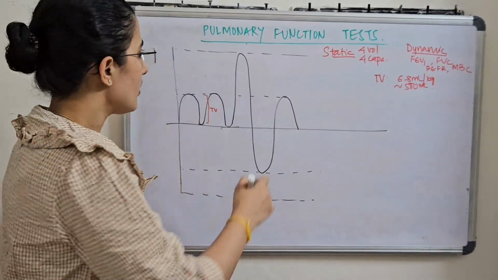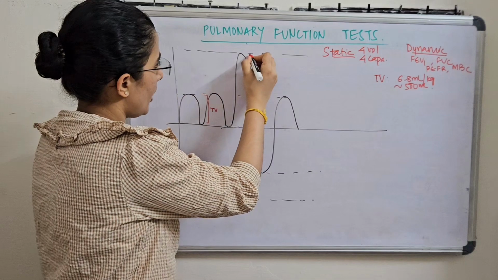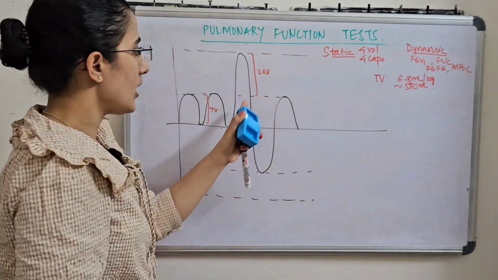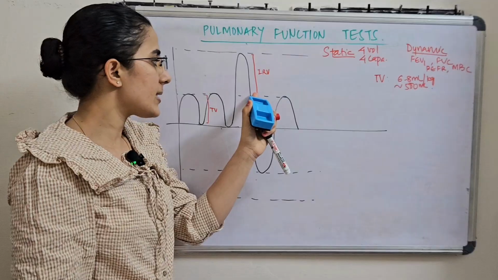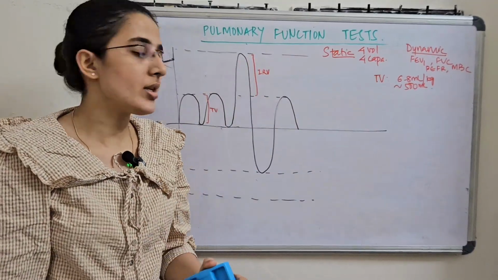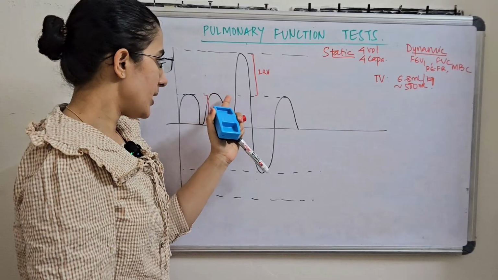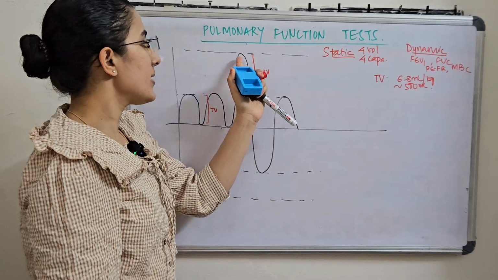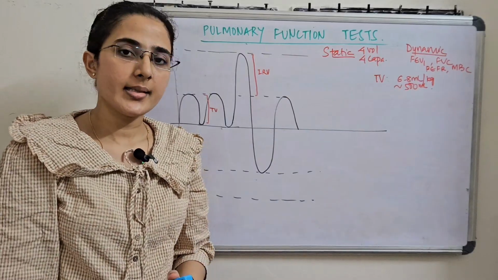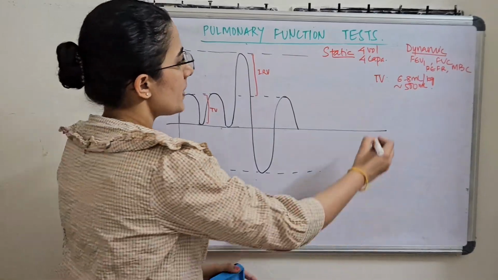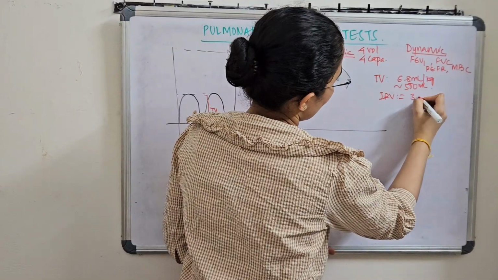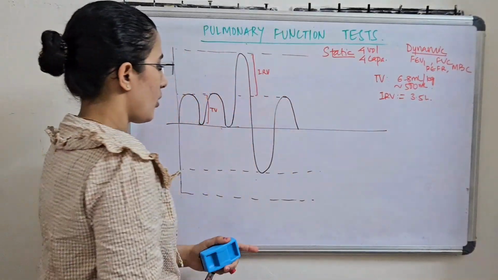Next we will come to inspiratory reserve volume. Inspiratory reserve volume is the volume of air which can be inspired in excess of the normal tidal inspiration. So the patient breathes in a normal tidal volume and then breathes in excess of the normal tidal volume, that is the inspiratory reserve volume, right? Its value is approximately 3.5 liters.